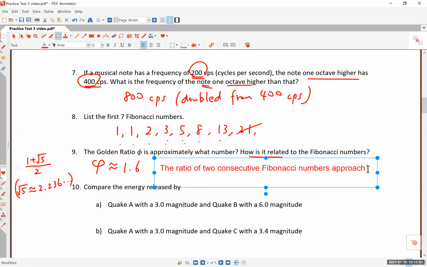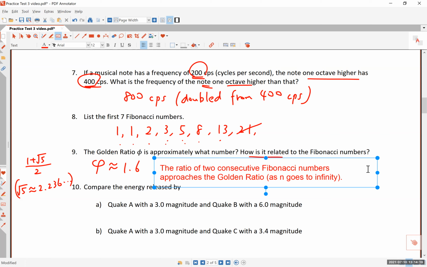I'm talking grammar. So the correct form for this verb is third person singular: the ratio of 2 consecutive Fibonacci numbers approaches the golden ratio as n increases, goes to infinity.